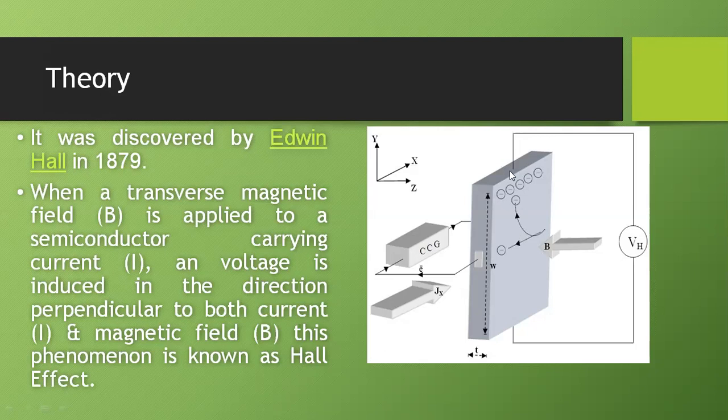So in the other direction, which is perpendicular to both current and magnetic field, a voltage is developed. That voltage is known as Hall voltage, and this phenomenon is known as Hall effect.